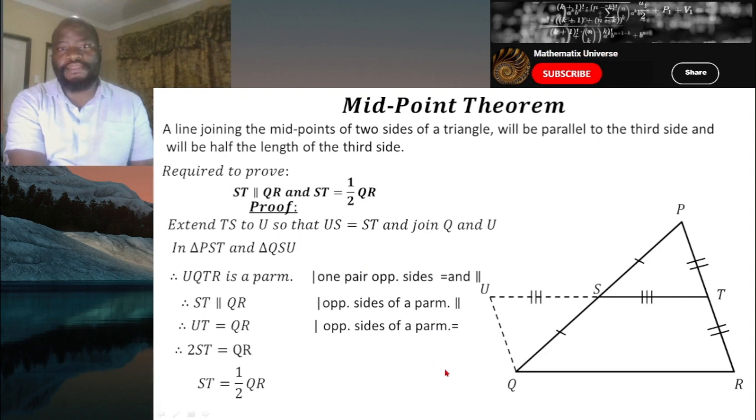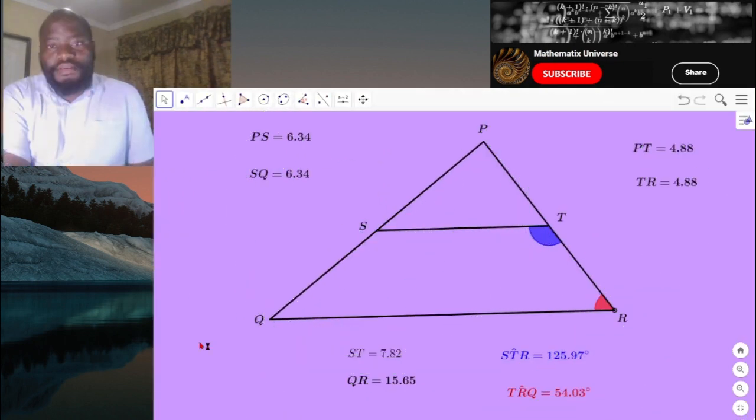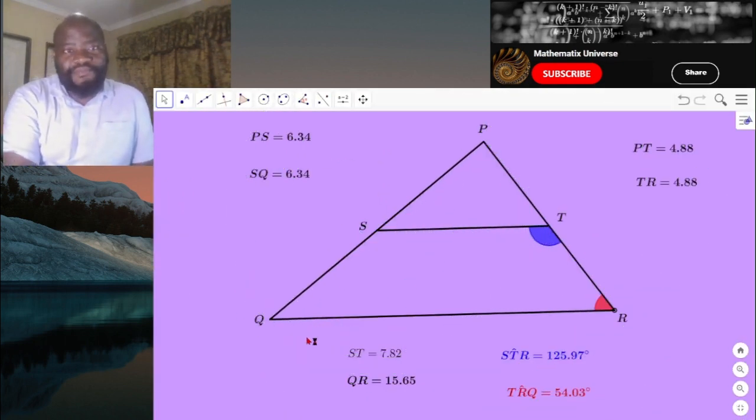Thank you very much. This is the midpoint theorem. On GeoGebra, I have drawn the diagram for our theorem, and then I have color coded the 2 angles here. So this angle TRQ is 125, just so that you can confirm the property of these 2 lines being parallel.